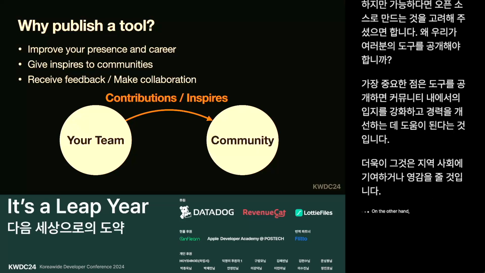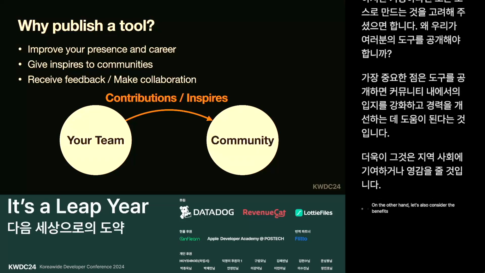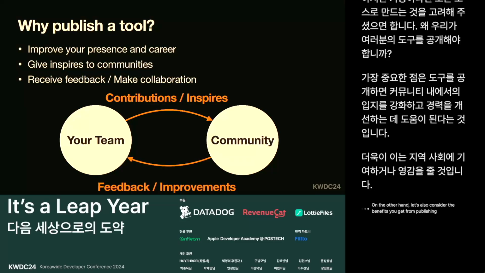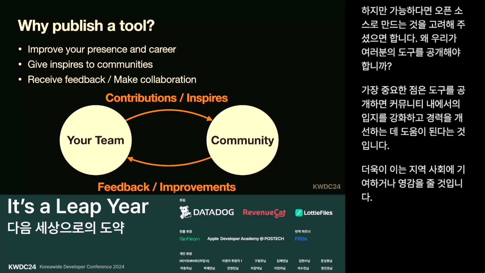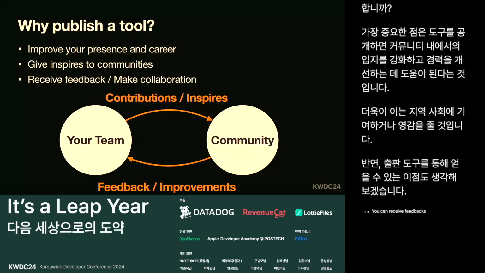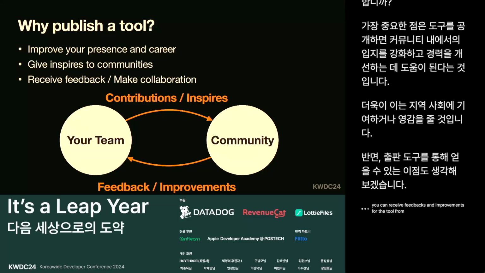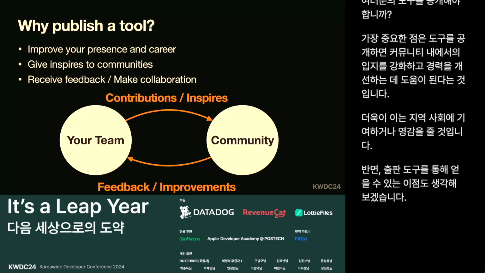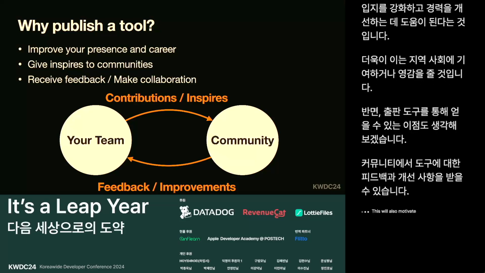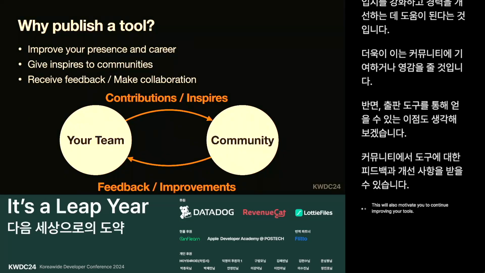On the other hand, let's also consider the benefits you get from publishing tools. You can receive feedback and improvements for the tool from the community. This will also motivate you to continue improving your tools.